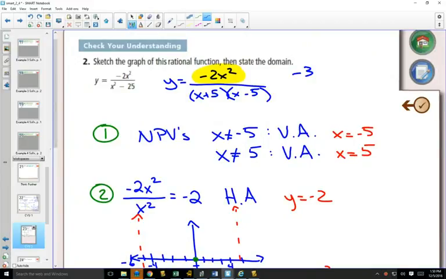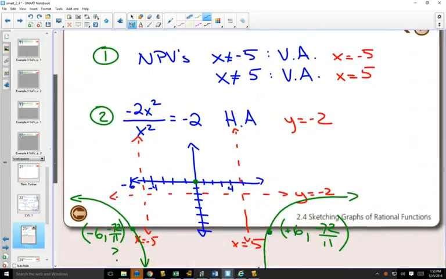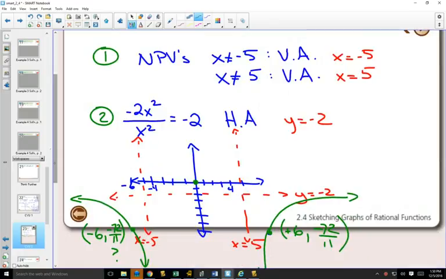We get negative 32 on the top, negative 9 on the bottom, 32 over 9, which is somewhere between 3 and 4. And the negative will be exactly the same.